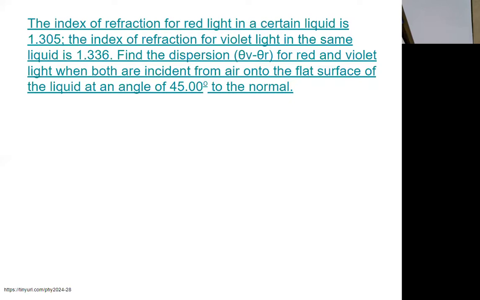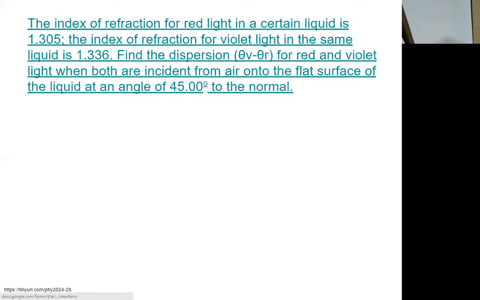Okay, so violet light has a larger frequency than red light, so it has a little bit more index of refraction here. It's asking you to find the dispersion for red light and violet light when both are incident from the air onto the flat surface of the liquid at 45 degrees.